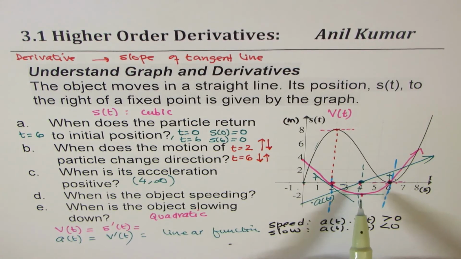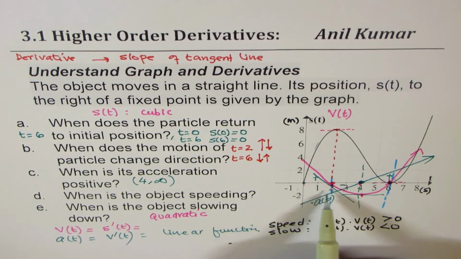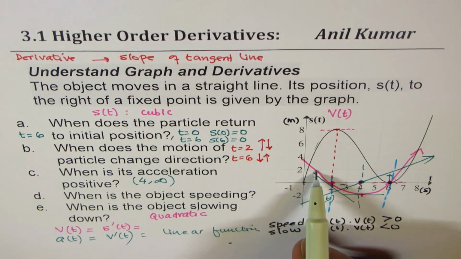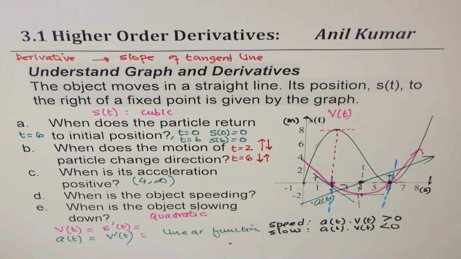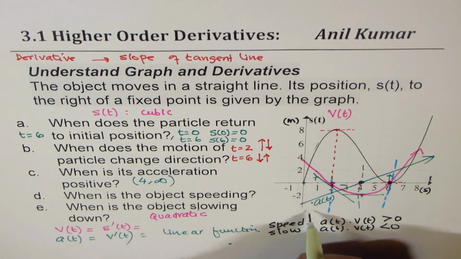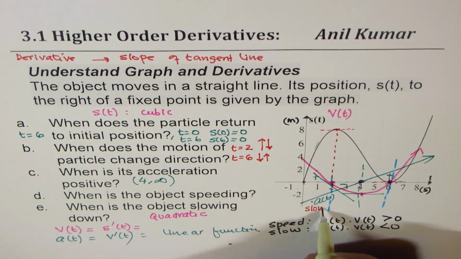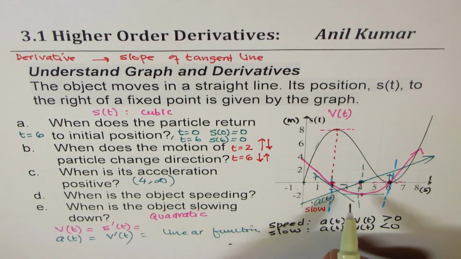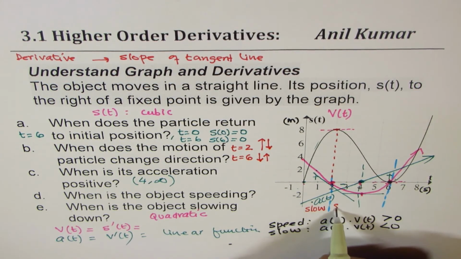As you can see, from 0 to 2, velocity is positive, acceleration is negative. That means the object is slowing down. So in this portion, the object is slowing down. But from 2 to 4, both velocity and acceleration are negative. That means they are speeding.